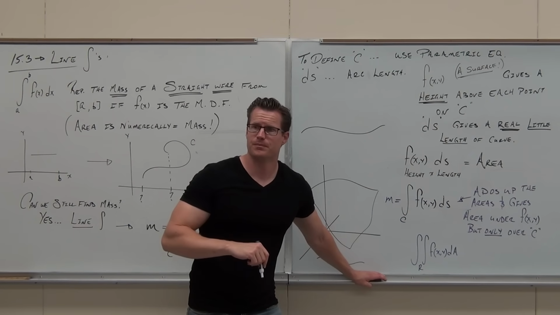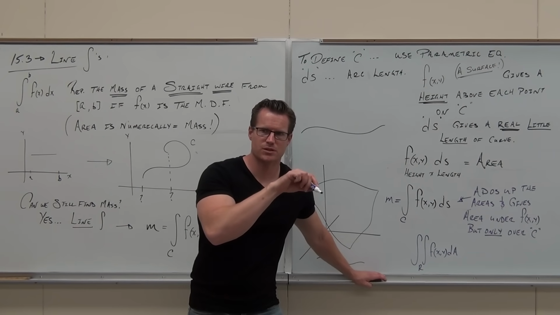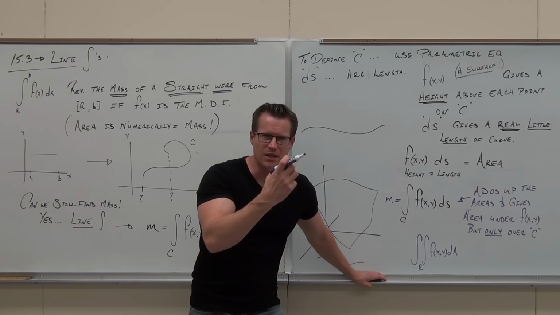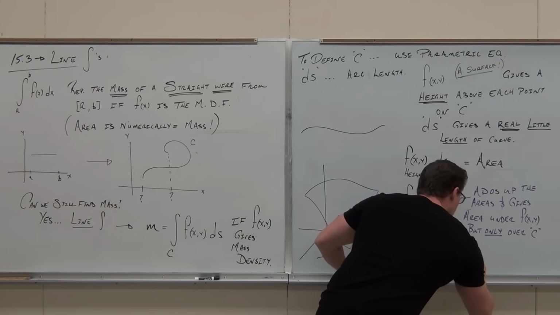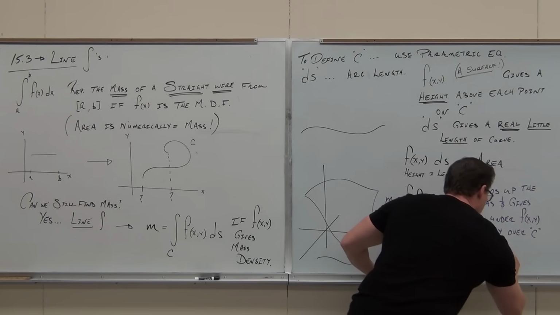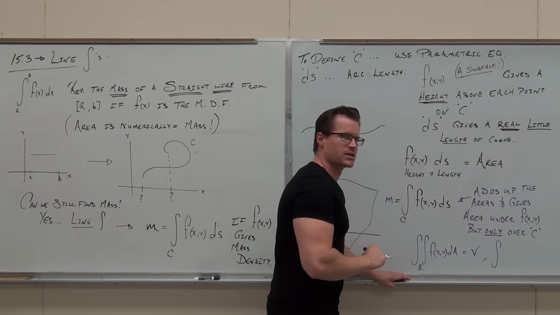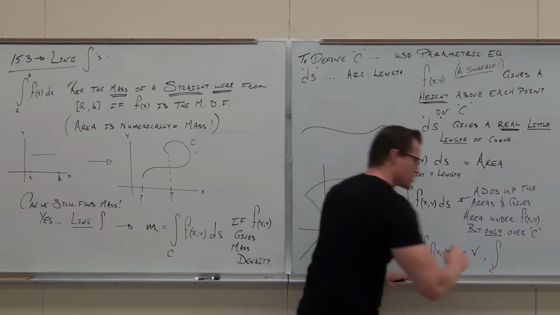That's a volume idea. If I take a volume idea, which integrates across two directions, and I remove one of those dimensions, let's keep the same function, but instead of integrating in two directions, let's just integrate with respect to one direction.